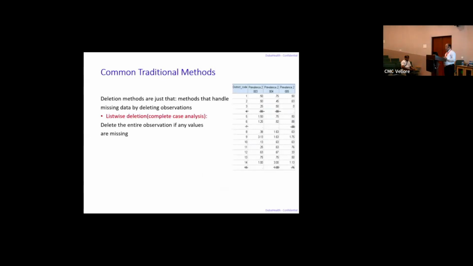The common traditional method is to just remove that observation. You remove the observation completely from the data, so you lose a number of observations, the number of subjects involved in the study. If a couple of observations are missing, you just drop the case and move ahead with the analysis.